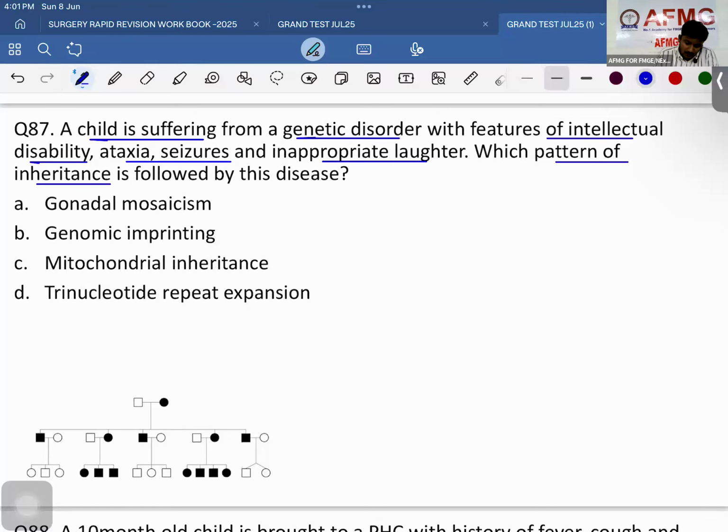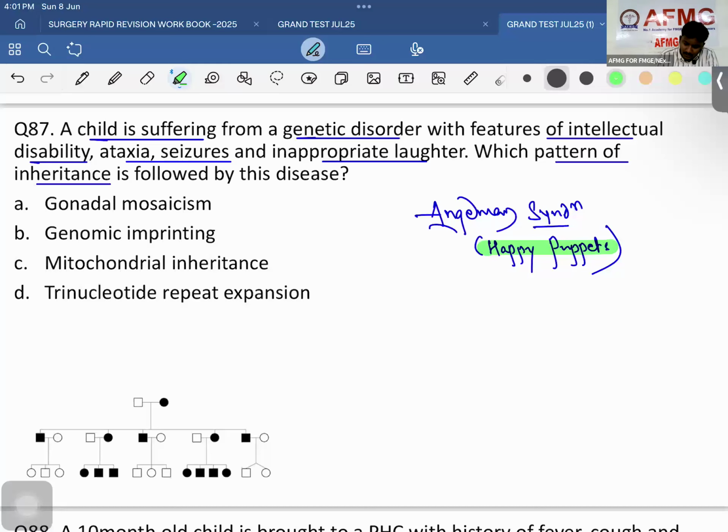So we know that what is the likely diagnosis? Very good. हमें पता है the diagnosis of this condition is Angelman syndrome. Patients of Angelman syndrome are classically referred to as happy puppets beta. We know these patients are going to have an uncontrollable laughter or inappropriate laughter, and therefore these patients are called as happy puppets. And हमें पता है the diagnosis is Angelman syndrome.